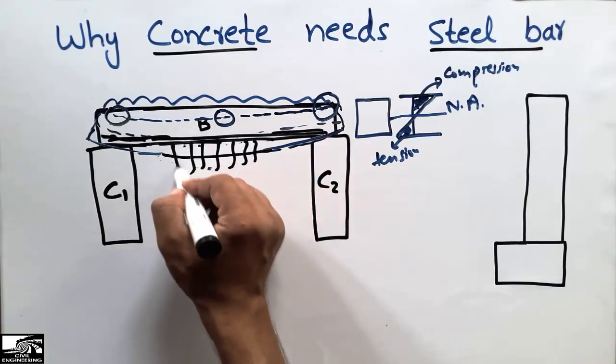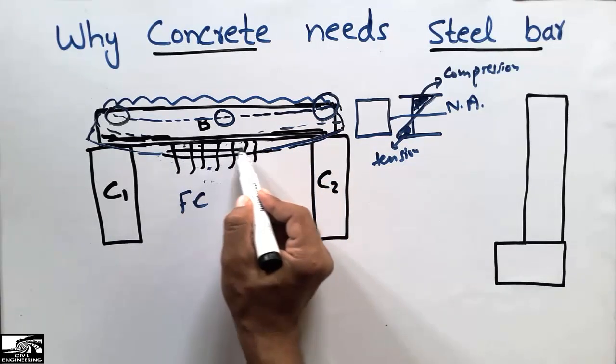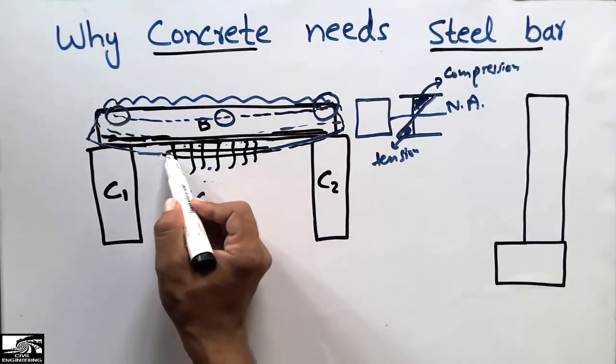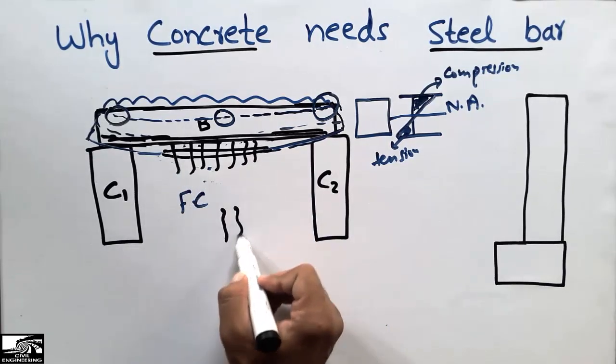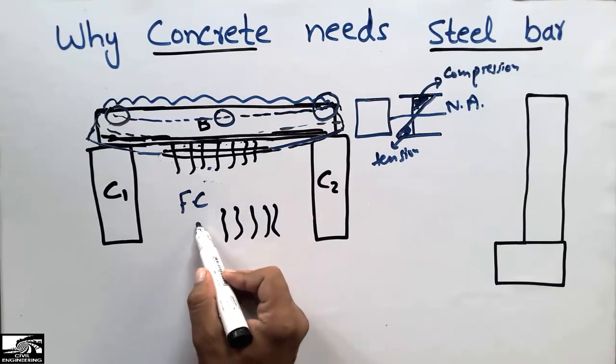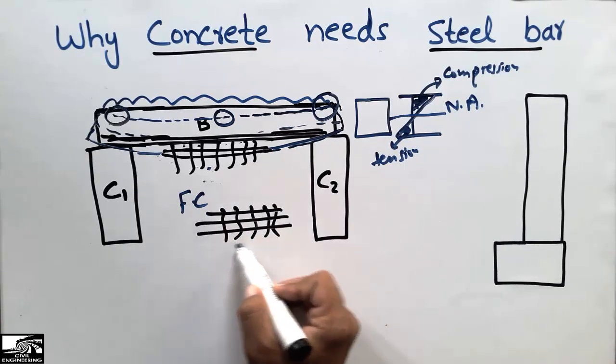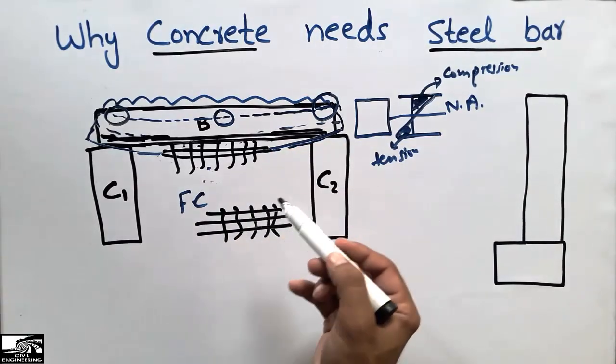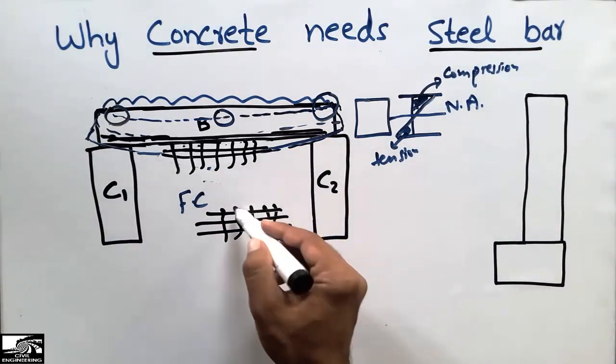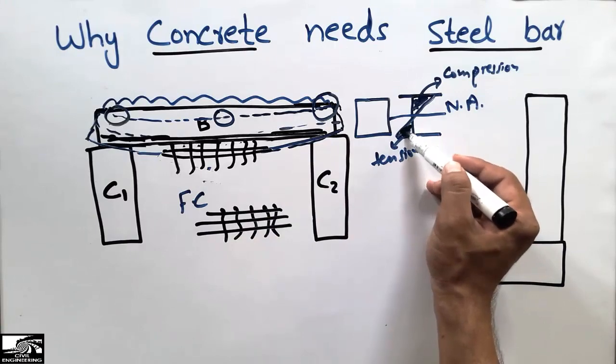When we place the bar perpendicular to these cracks, the cracks will not be produced, because the cracks form in this direction and we have placed the bar perpendicular to them. The steel bar will be able to take the tensile stresses.